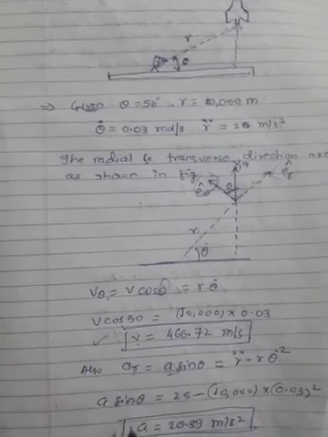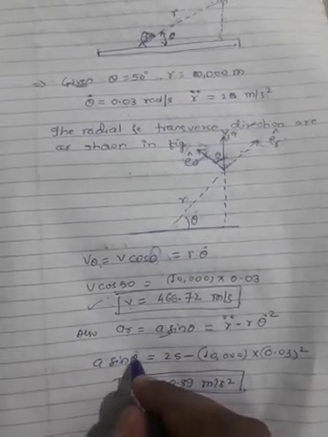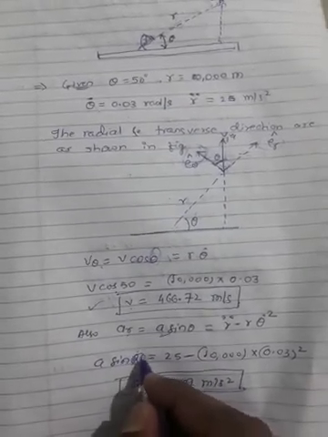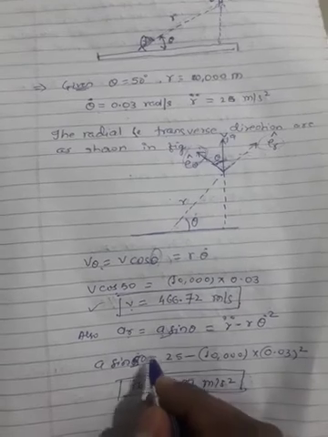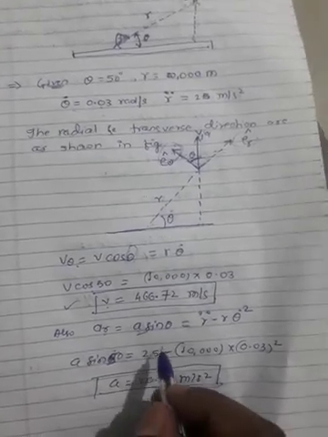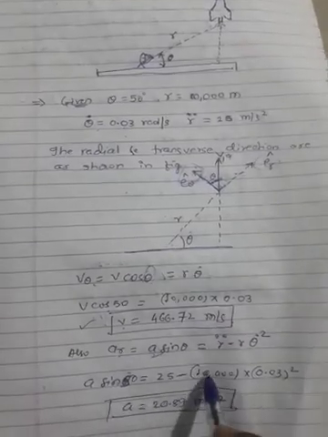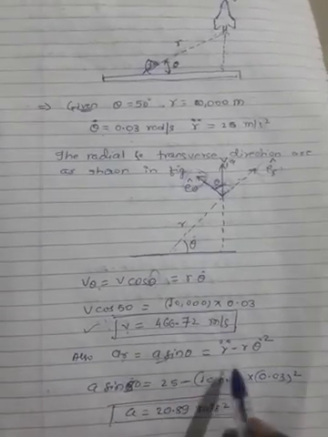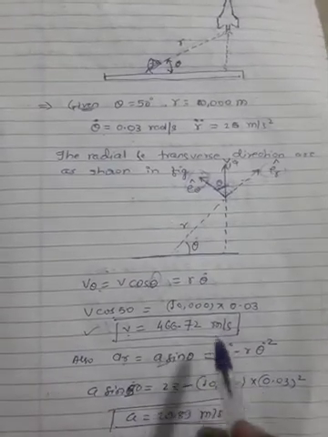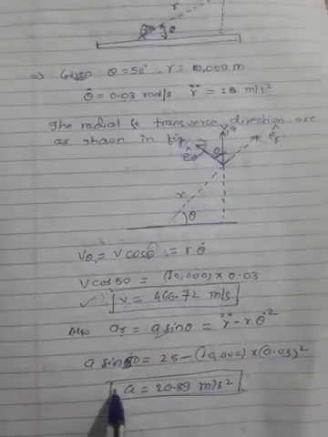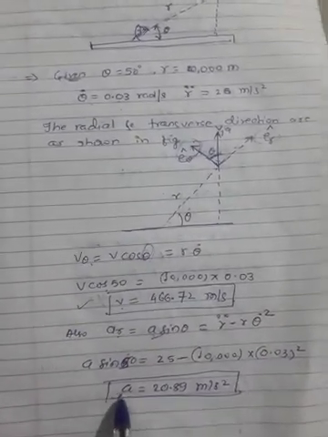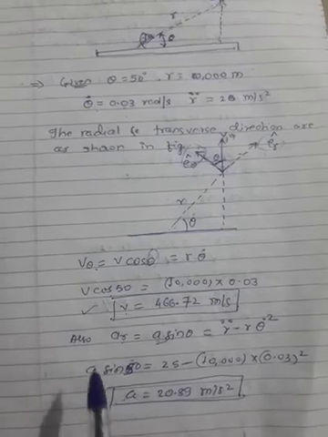So a sin 50 equals r double dot, which you have already given as 25, minus r, which is 10,000, times theta dot squared, with theta dot given as 0.03. So you will get the a value as 20.89 meter per second square.